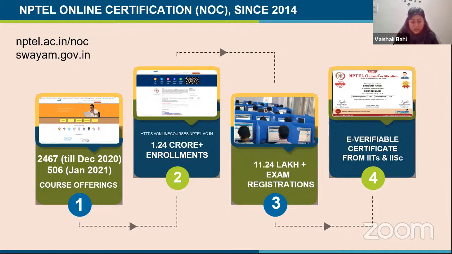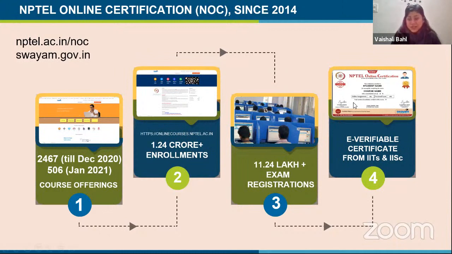Around 12 lakh people have registered to date since 2014. And not just in India, we have our exam center abroad also, in Dubai. After this proctored examination, accumulating the score of your assignments and the final examination that you took in the exam center, a certificate is released.